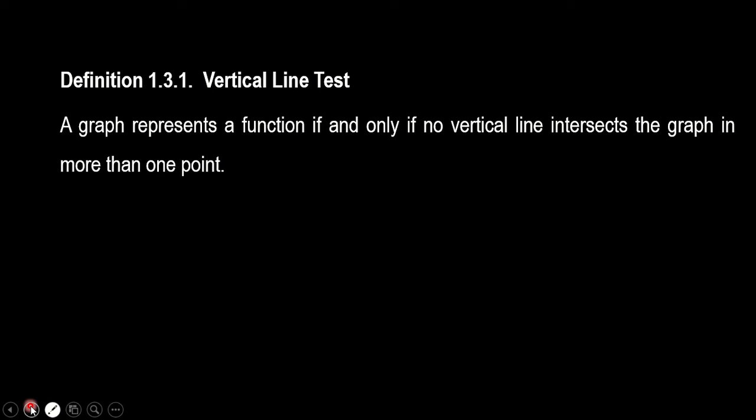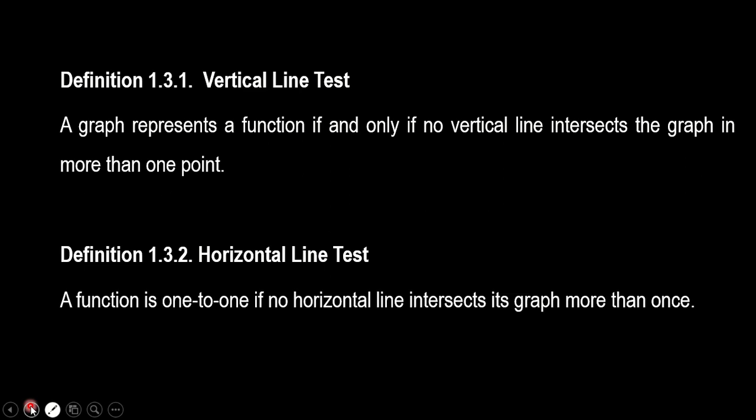Again, if no vertical line intersects the graph in more than one point. In addition, if you identify that the given graph is a function, we can also identify if it is a one-to-one function or not by using the horizontal line test. A function is one-to-one if no horizontal line intersects its graph more than once.